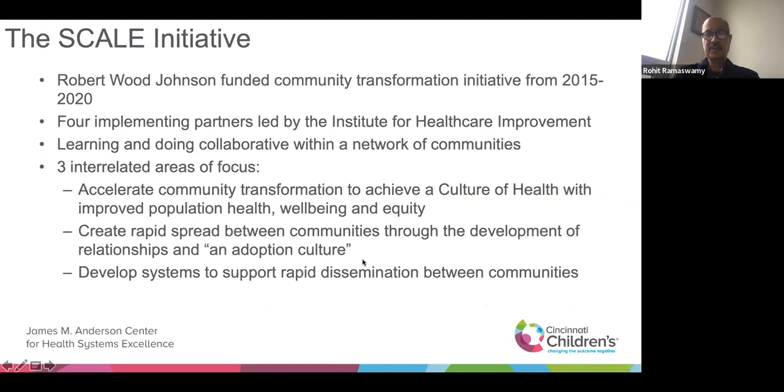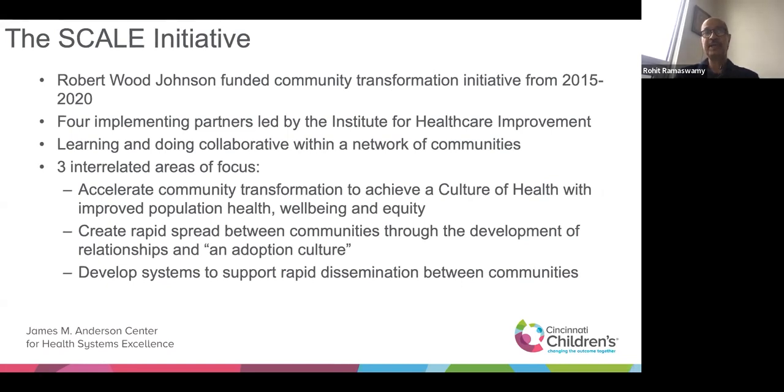So the project that I'm going to describe is called the SCALE Initiative. This is an initiative that was funded by the Robert Wood Johnson Foundation as part of their Culture of Health program. The Institute for Healthcare Improvement in Boston, that many of you might know about, is a leading quality improvement organization that's known both locally and globally for its QI expertise.